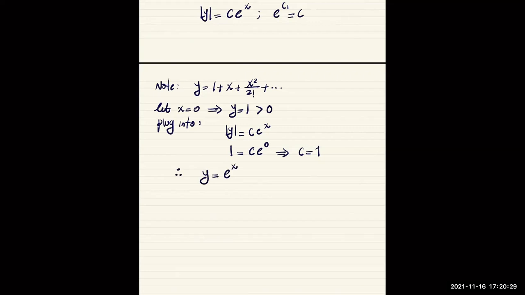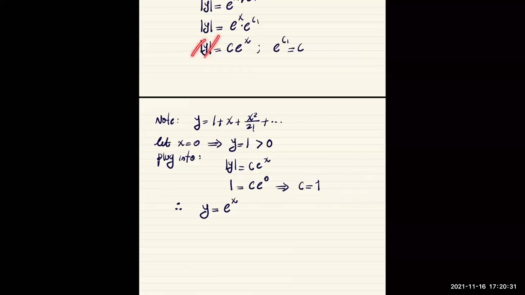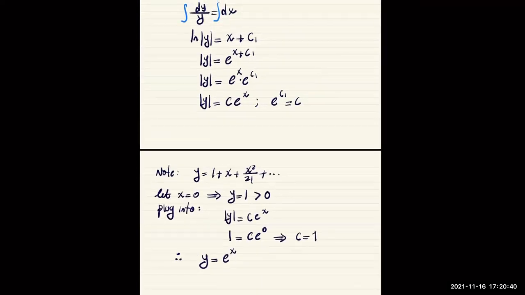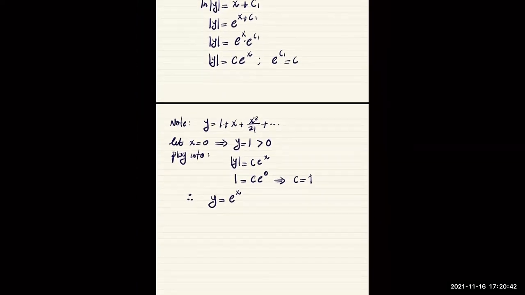Yeah, absolute value drops out. C is 1, e to the x, and that is the proof. Y is e to the x. All right, but again, absolute value drops out because we got a positive here. That does the proof.